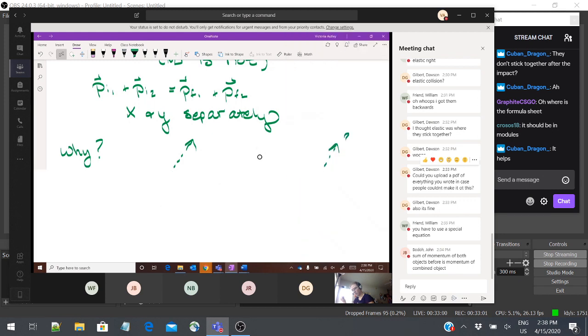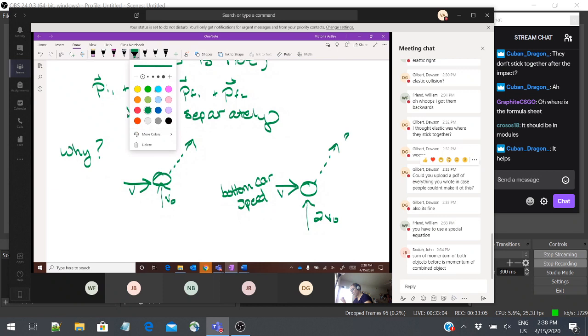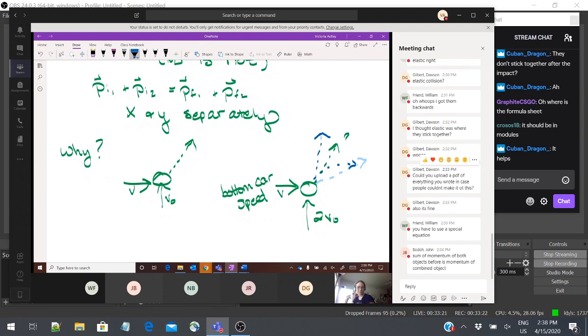Would it go more to the east? Would it go more to the north? Would it go in like a curved path? Like what's going to happen? Tell me what y'all think.